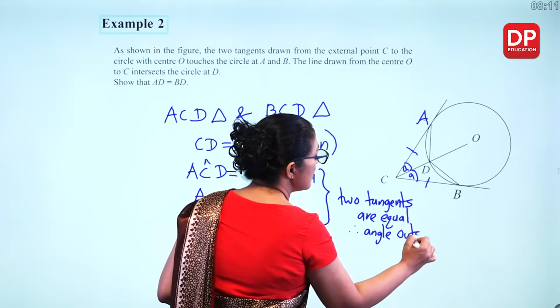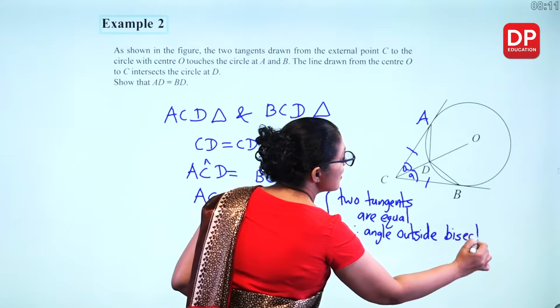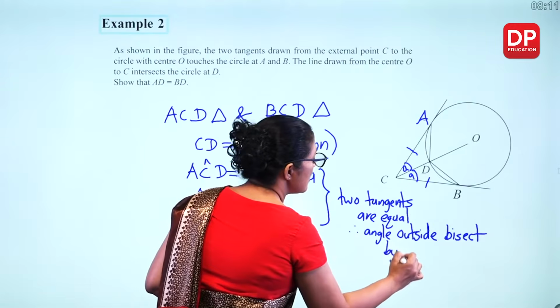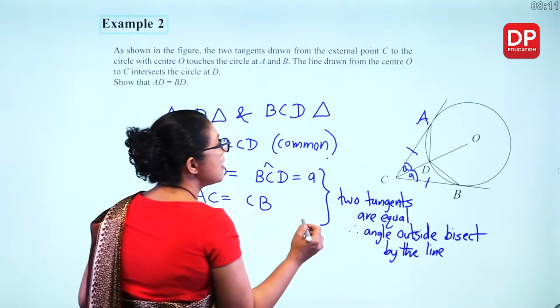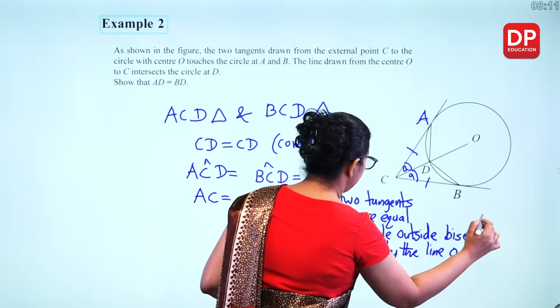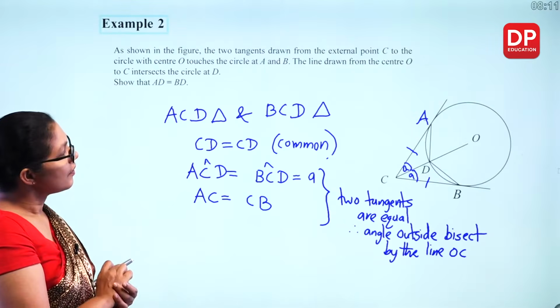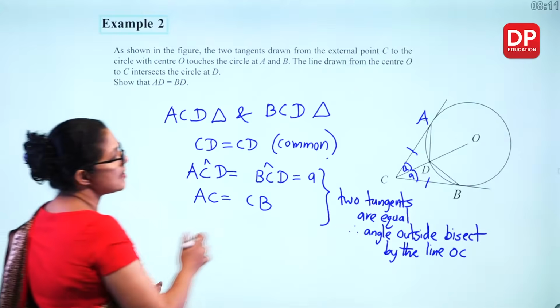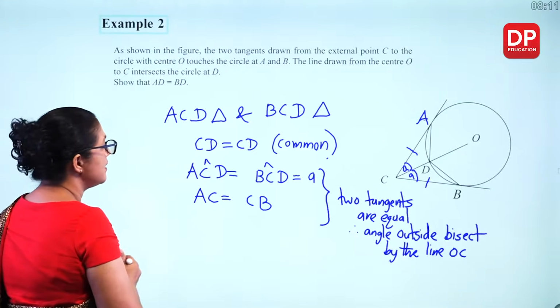Equal in length and angle outside bisect by the line here OC. That's because of the theorem. Then what's this case? Side, side and the included angle.